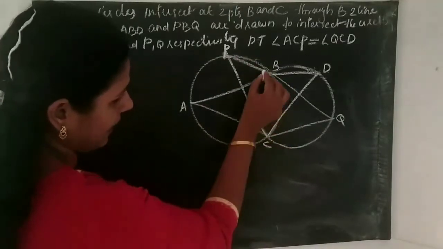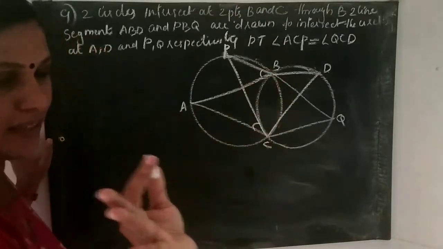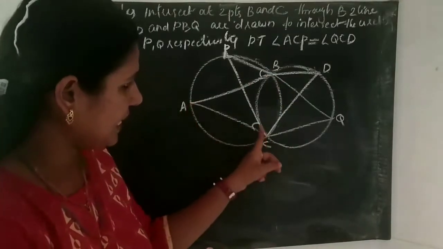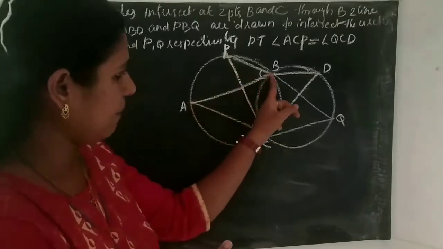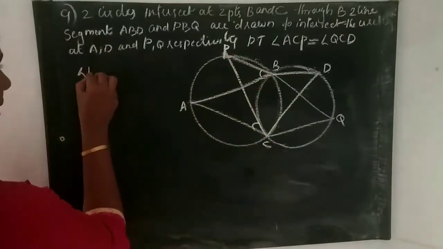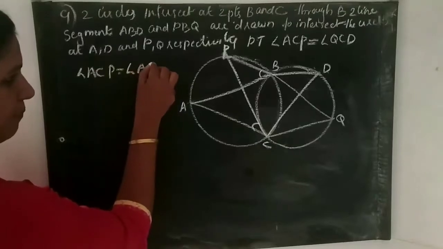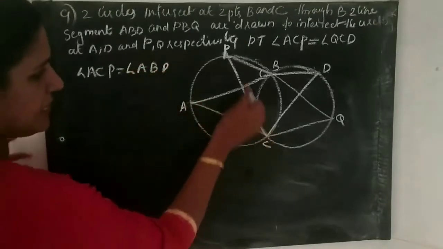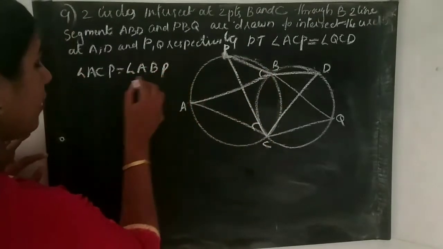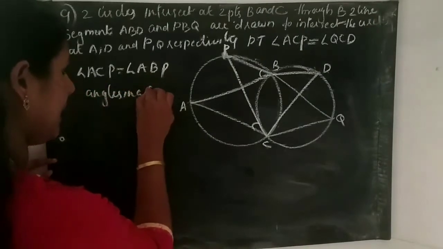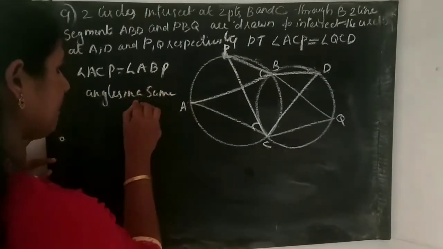You just look only at ACP and ABP. Angle ACP equals angle ABP because of angles in the same segment.